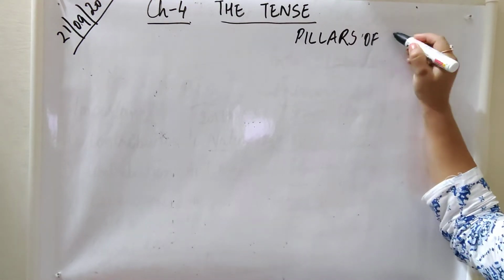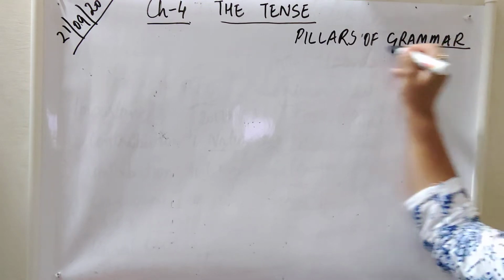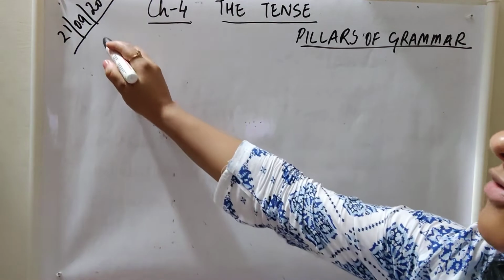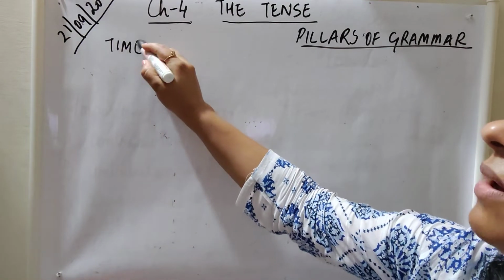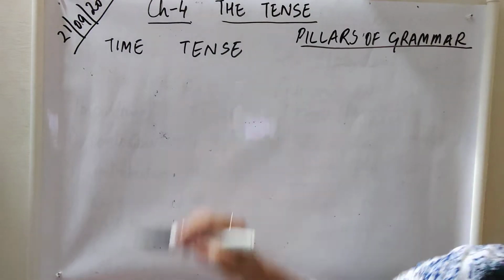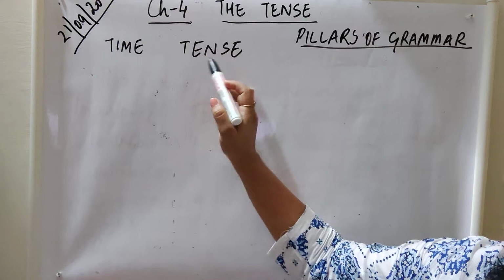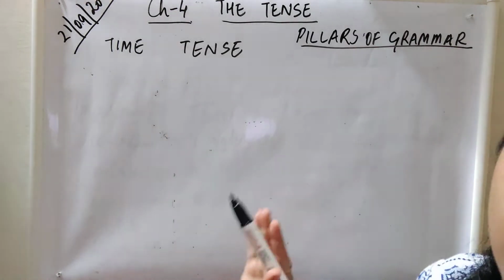But before explaining the pillars of grammar, I would first like to explain the difference between time and tense. Many of us use these words interchangeably, thinking that there is actually no difference between time and tense, but we are wrong.